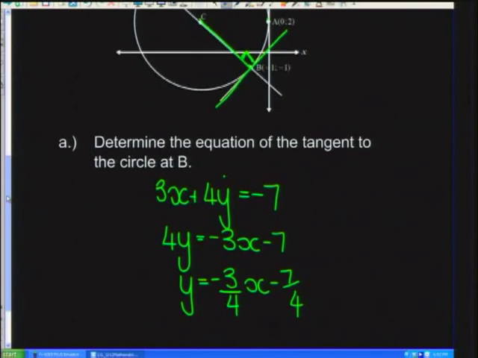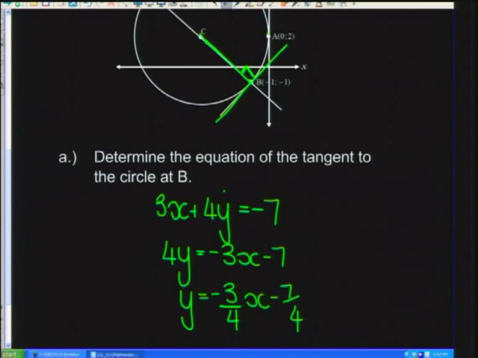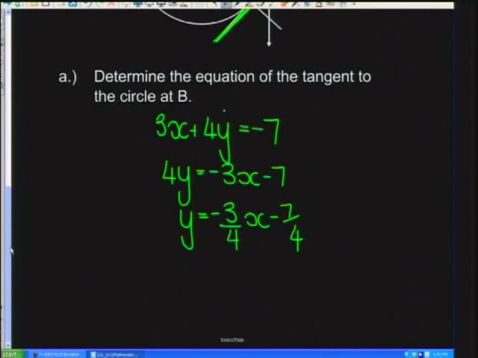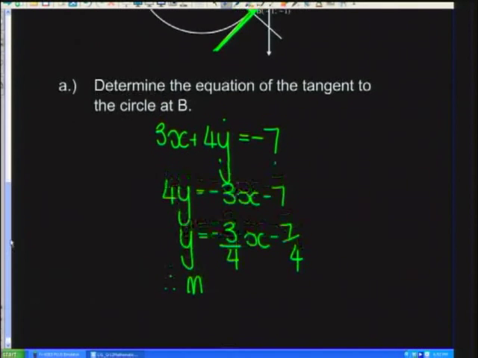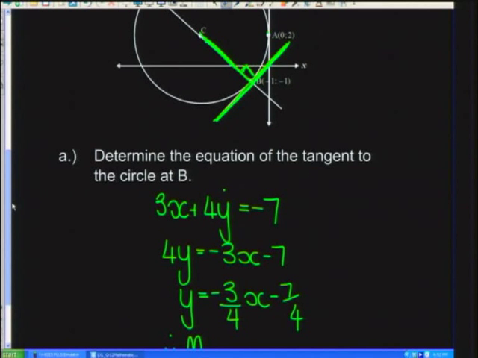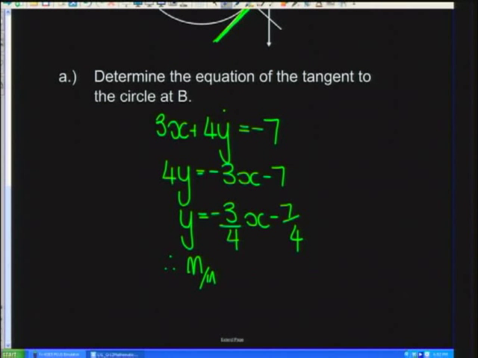So basically what that's telling me is the gradient of my radius is negative 3 over 4, which means that the gradient of your tangent would have to be positive 4 over 3. So therefore the gradient of the tangent is equal to positive 4 over 3.